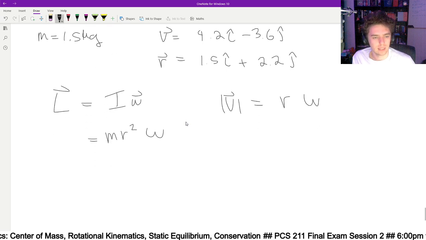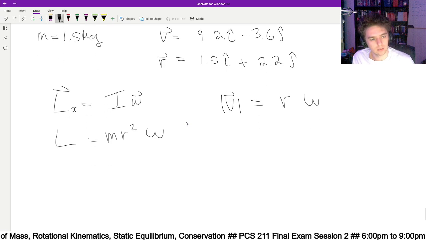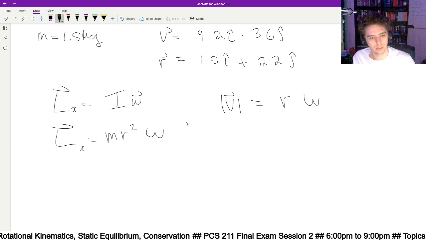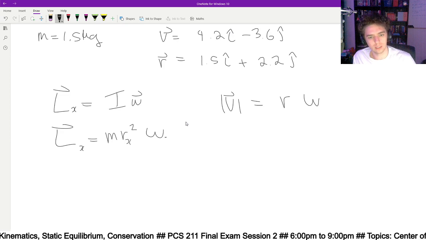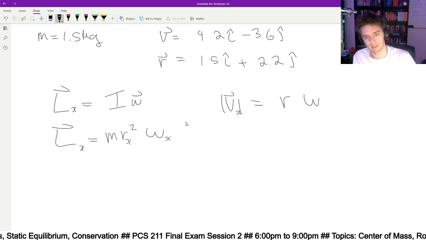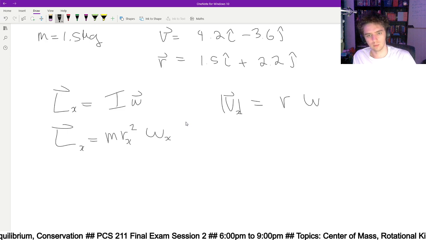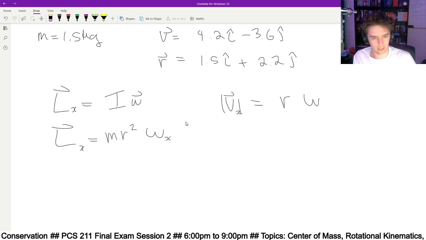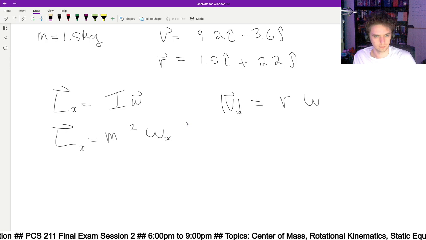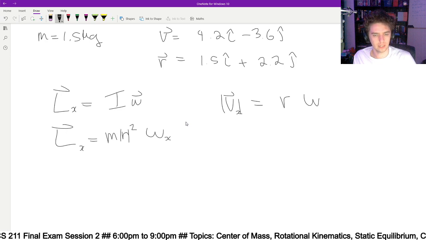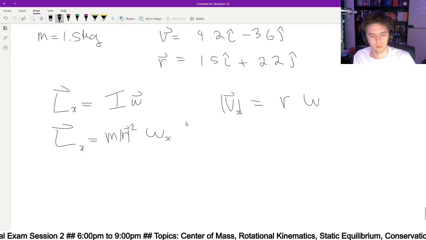Well, okay, let's break it up into x, y, and let's just do that. So this is just for x. The angular momentum in the x direction is just going to be the x position times the radius. Radius is just the magnitude of the r vector, right?